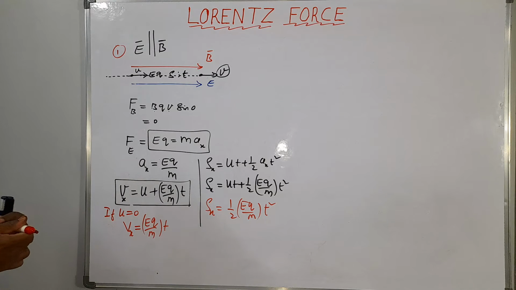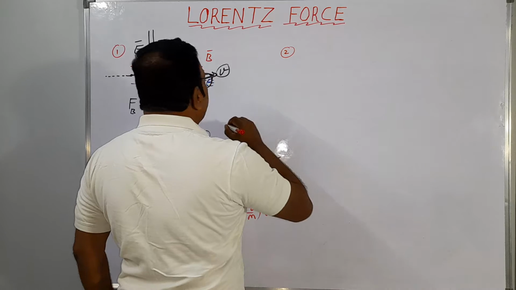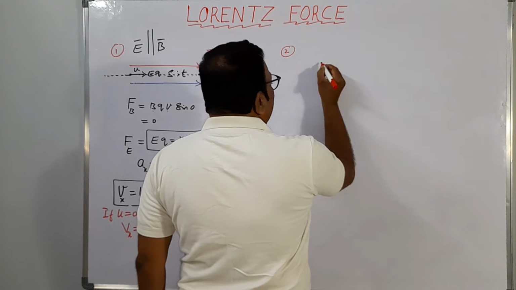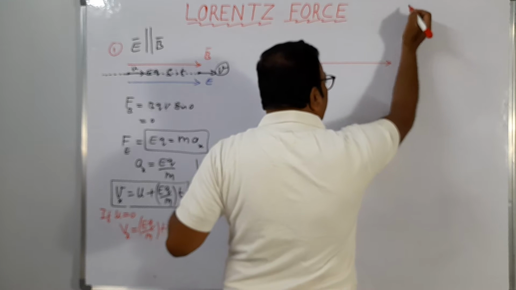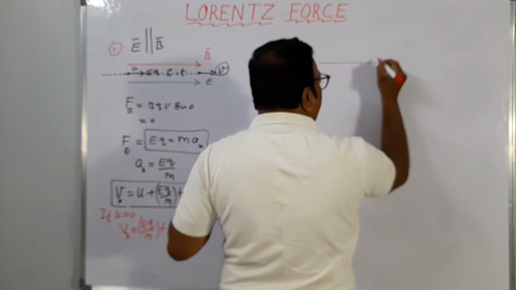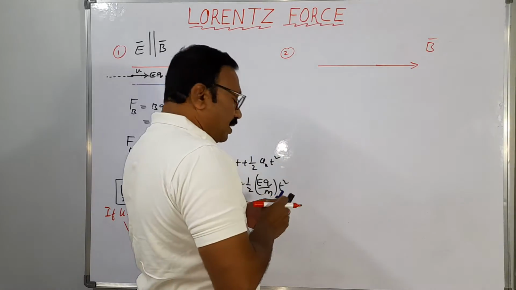If at all the particle enters perpendicular to the field. Perpendicular to the field. See, here the magnetic field, I will take a little bit of length here. Magnetic field, right?